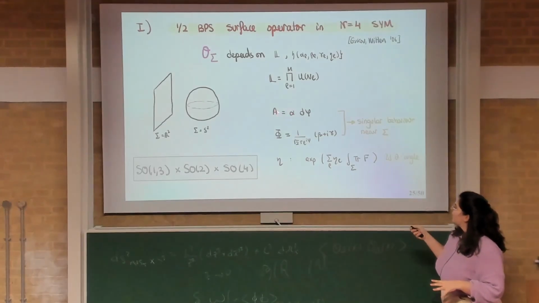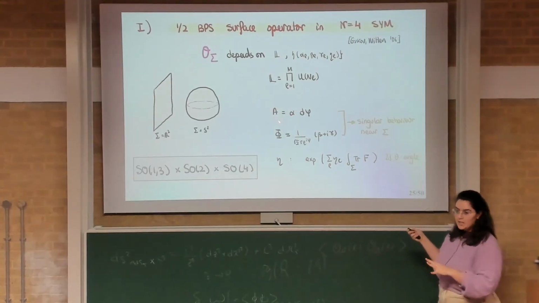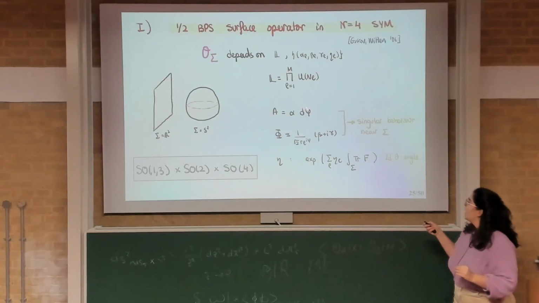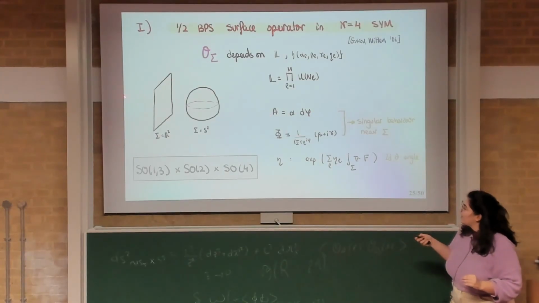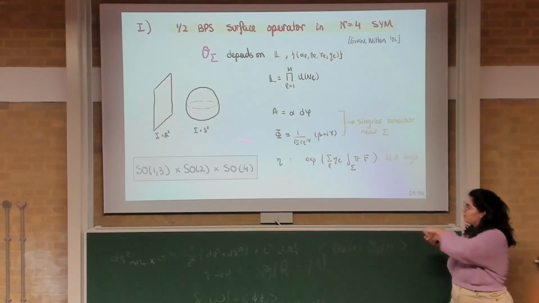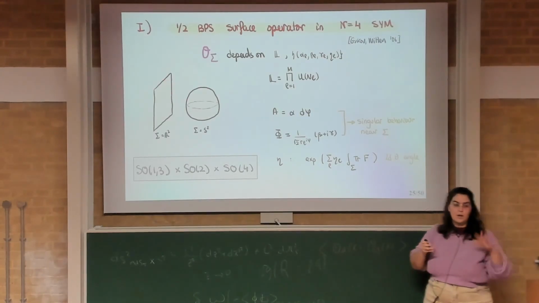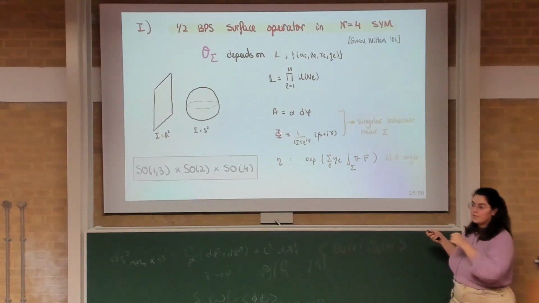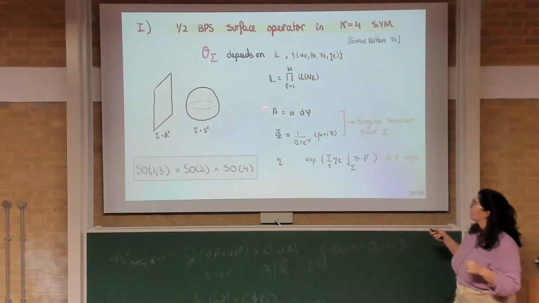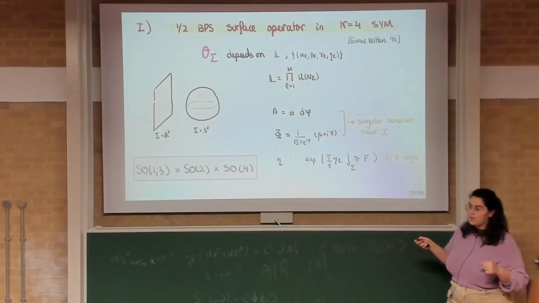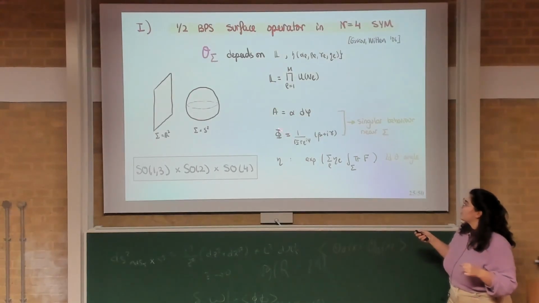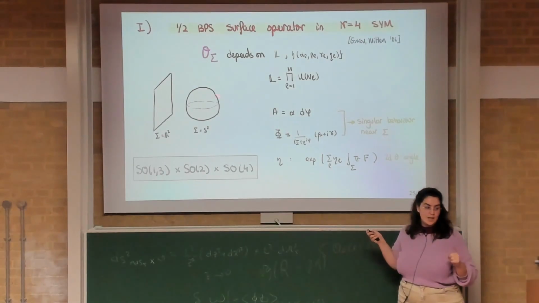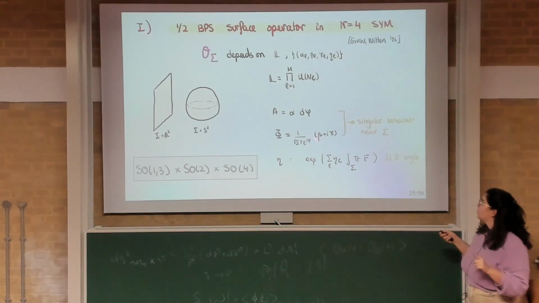So alpha is this constant matrix with continuous coefficients, and psi is an angle around the surface. We are in 4 dimensions, so around the surface I have a 2-dimensional plane. Psi is the angle and r is the radial coordinate, and we see that the gauge field has a singularity at the location of the defect, and also phi, one of the 3 complex scalar fields of N=4 super Yang-Mills, is going to have this singularity.